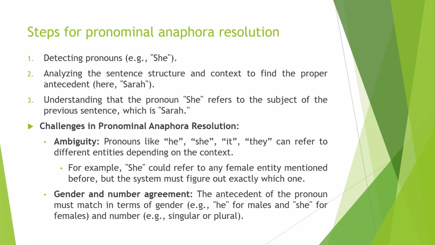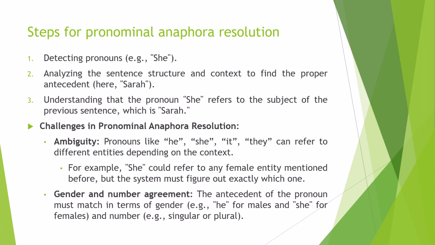There are challenges in this process. There may be ambiguities, because the same pronoun he may refer to one person or another person. Similarly, they may refer to one group of people or another group in a particular context.